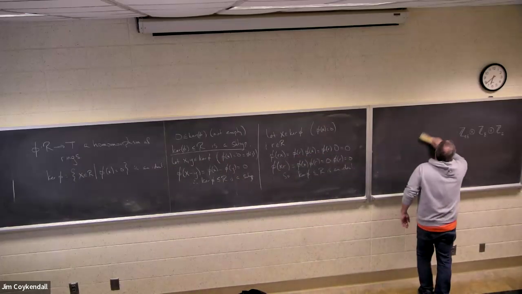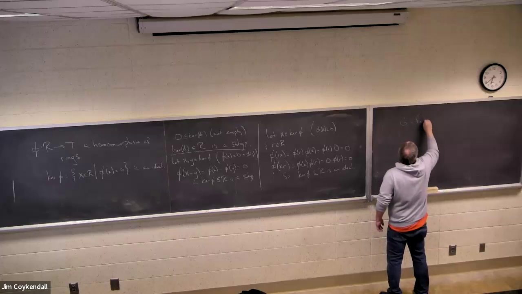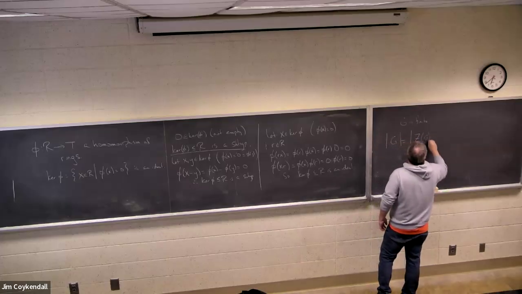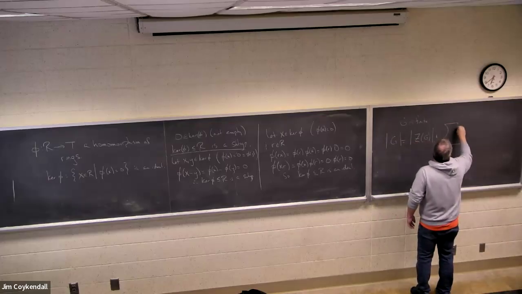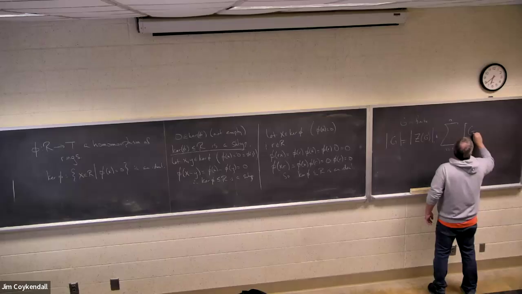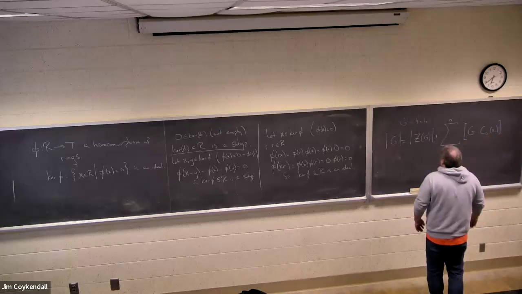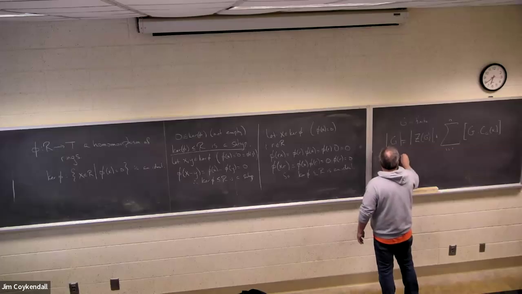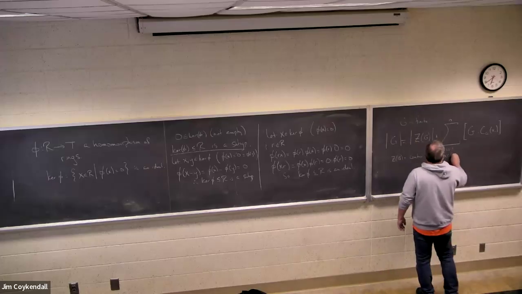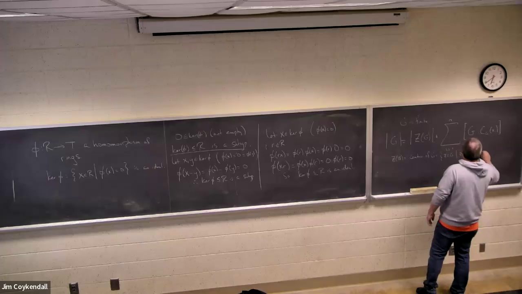The class equation says the order of G is the order of the center plus the sum over the x, G such that the centralizer of x is not all of G.